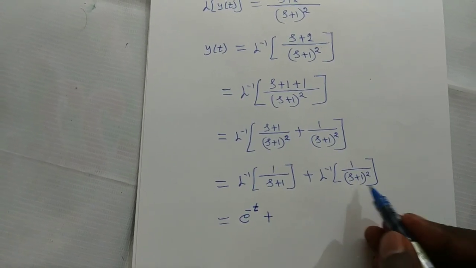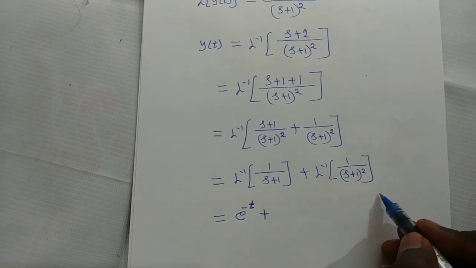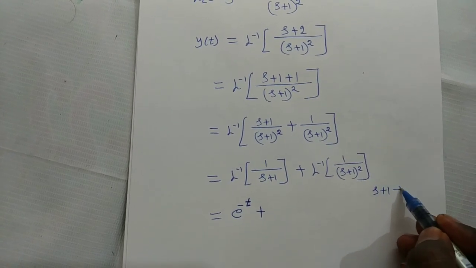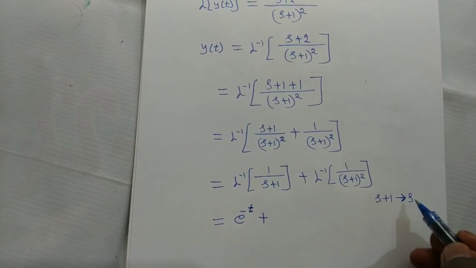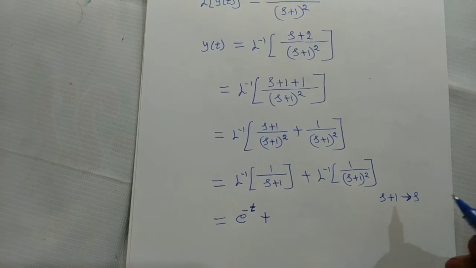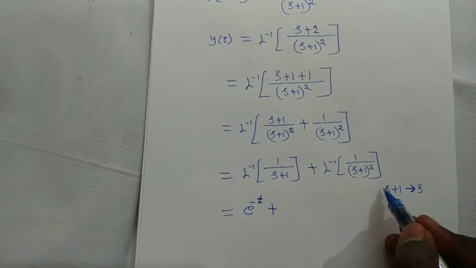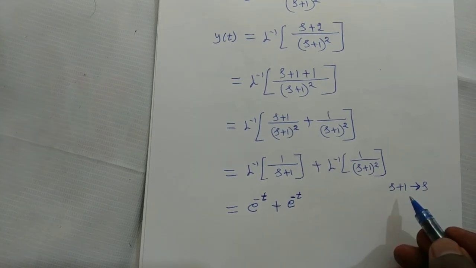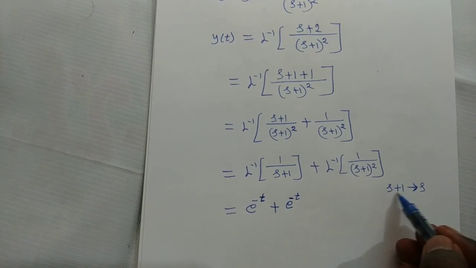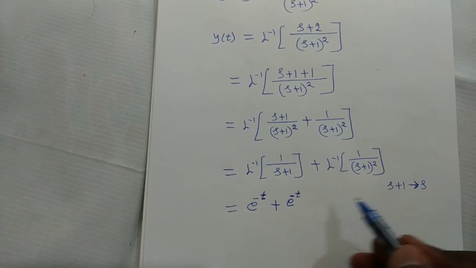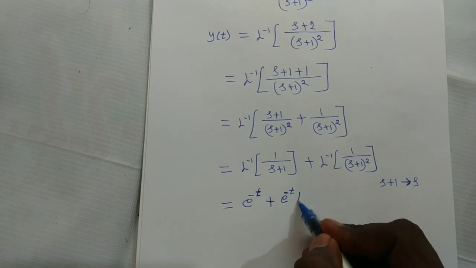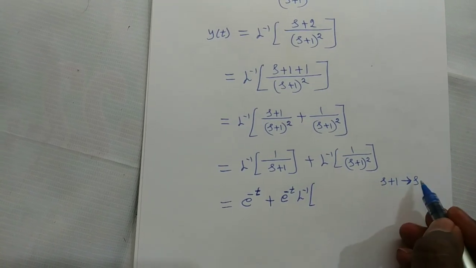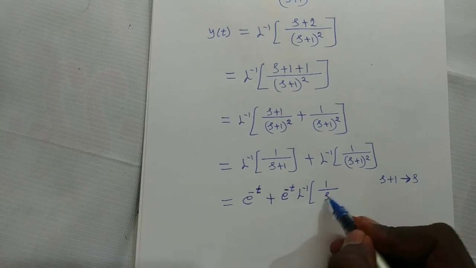In the shifting property, this (s plus 1), I want to replace by s. By replacing (s plus 1) by s, for that we have to write e power minus t. By the shifting property, by replacing (s plus 1) by s, for this I want to write e power minus t, L inverse of (s plus 1) is s, so that this is 1 by s square.